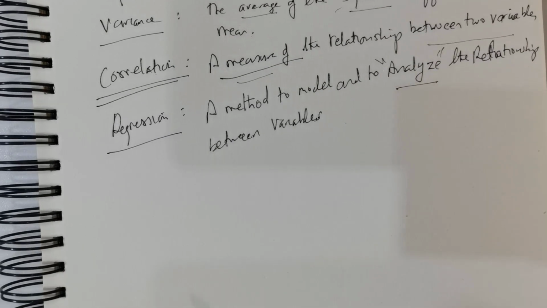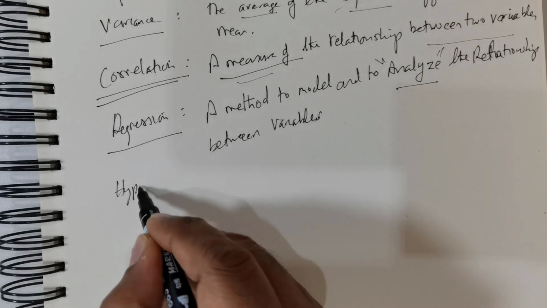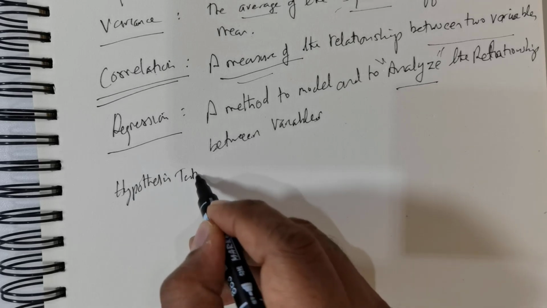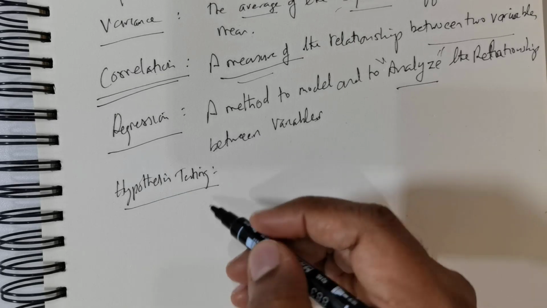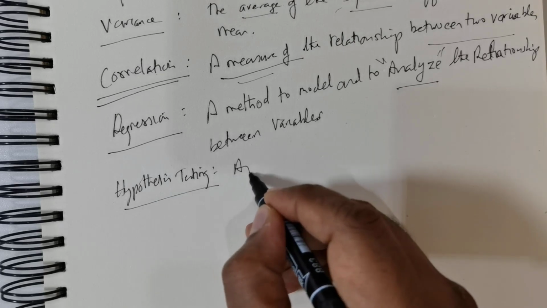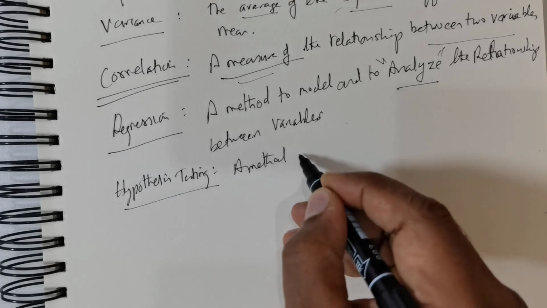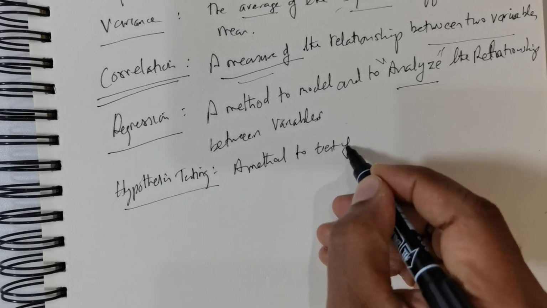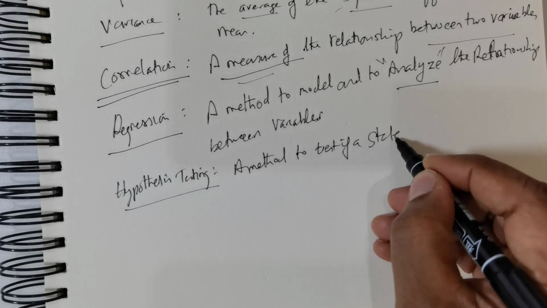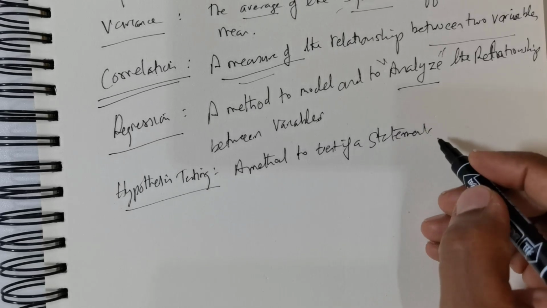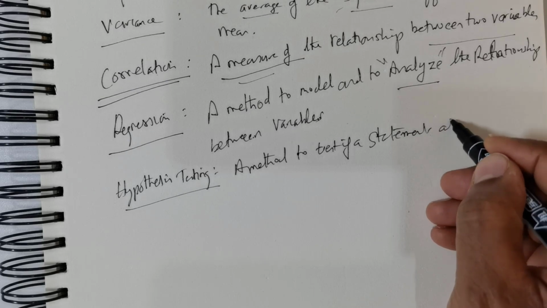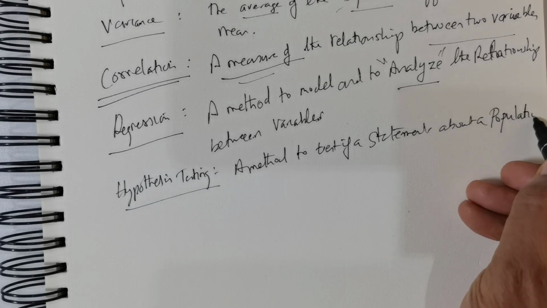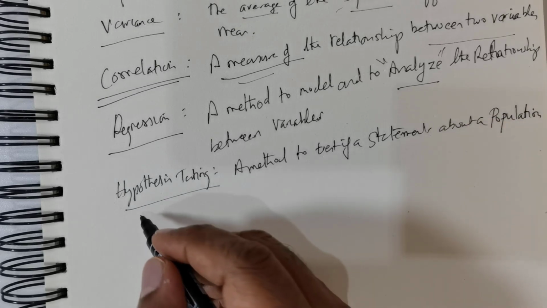So having given you that, next is what is called hypothesis testing. This is a very important term. Now, what is this? This is nothing but a method to test if a statement, when you say statement, it can be an assumption, a statement about a population.